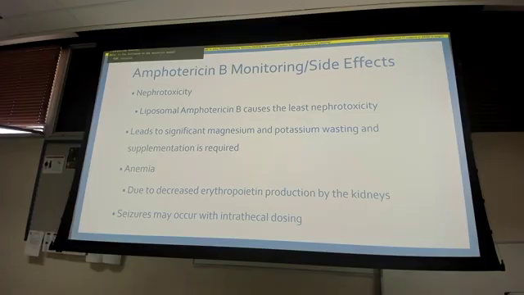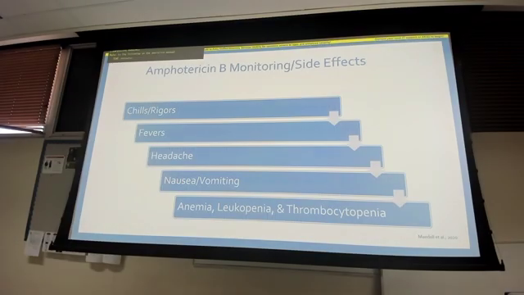So again, we stated nephrotoxicity is a common side effect, and also we need to monitor our electrolytes. It can lead to significant wasting of magnesium and potassium, so we always have to get labs to make sure that we're giving resupplementation appropriately to our patients. We have anemia and then seizures, but that's only with intrathecal dosing where they're instilling it into like the spine or the ventricles.